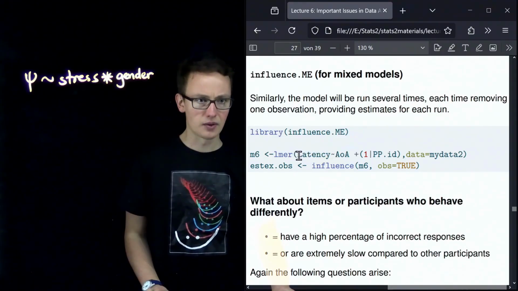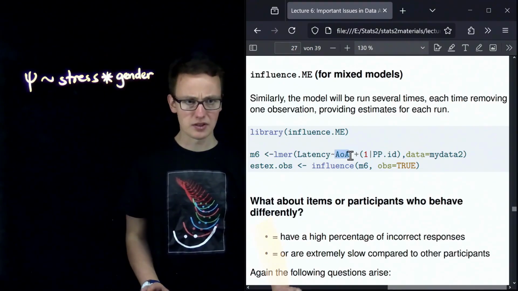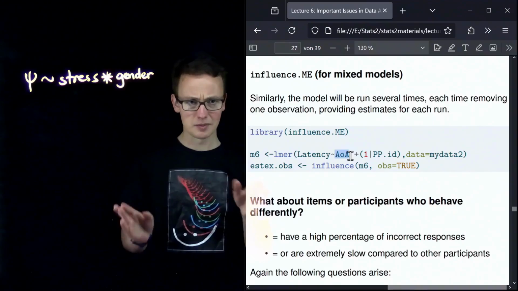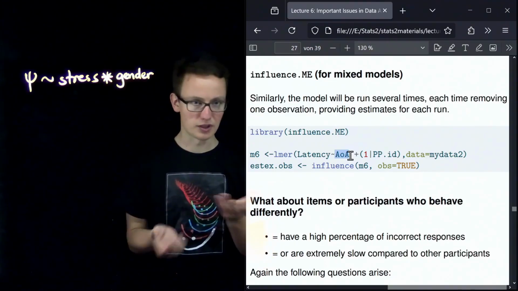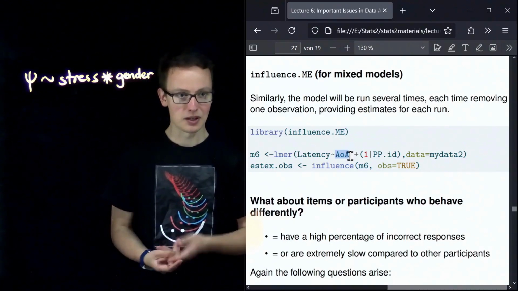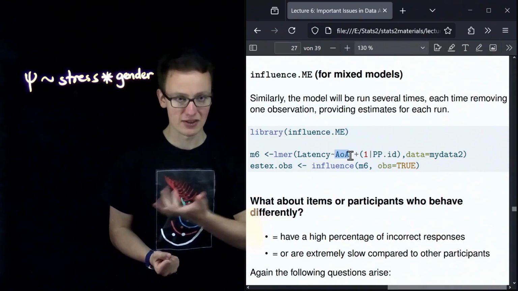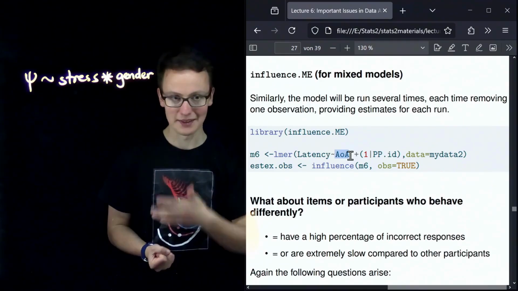This variable is the age of acquisition, so I think it's maybe something like bilingualism data, and you have different participants who all speak this target language as their second language. One interesting variable that differs between them is at what age they started learning that language, or at what age they acquired the language.